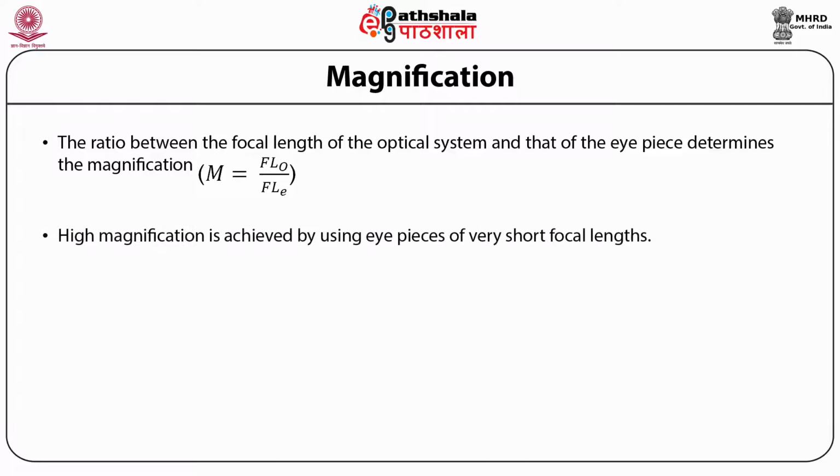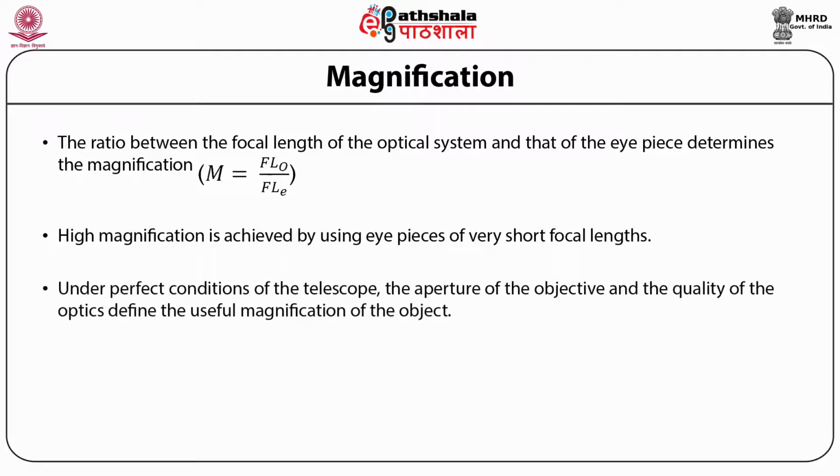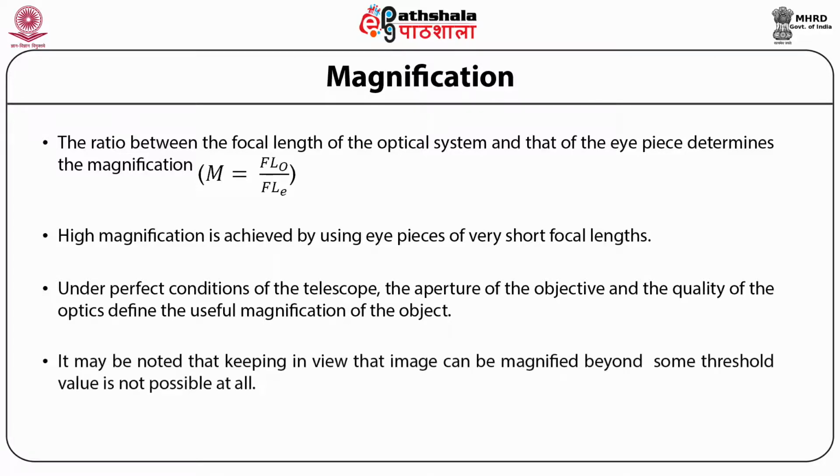High magnification is achieved by using eyepieces of very short focal lengths. Under perfect conditions of the telescope, the aperture of the objective and the quality of the optics define the useful magnification. It may be noted that an image cannot be magnified beyond some threshold value.